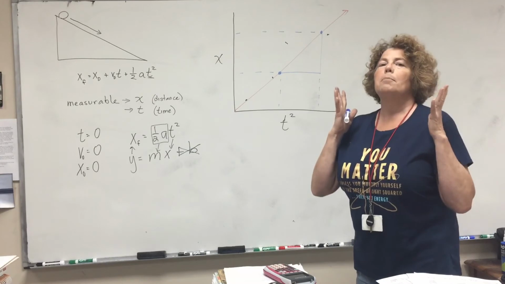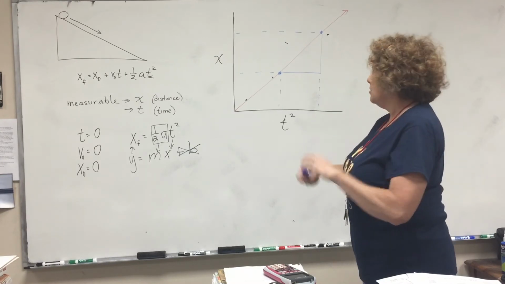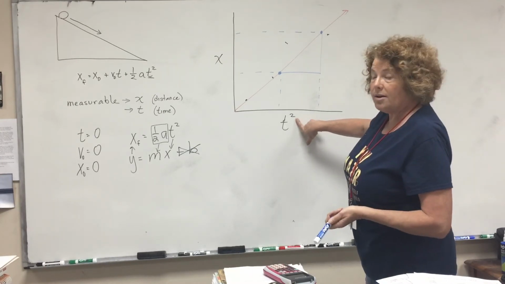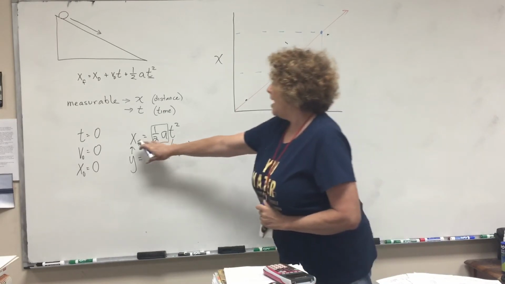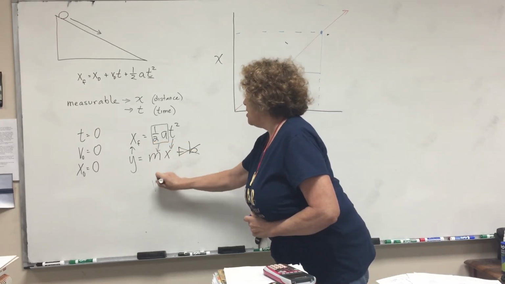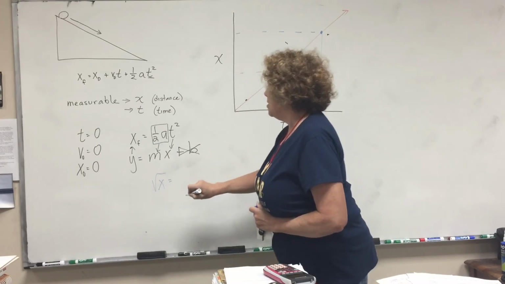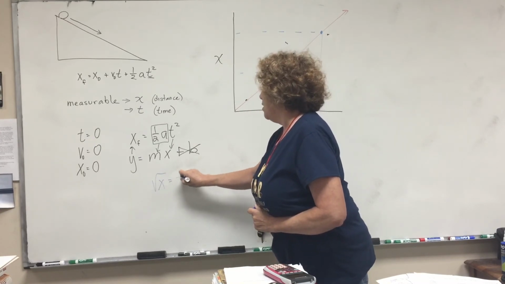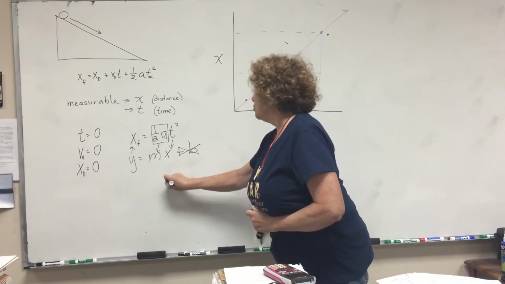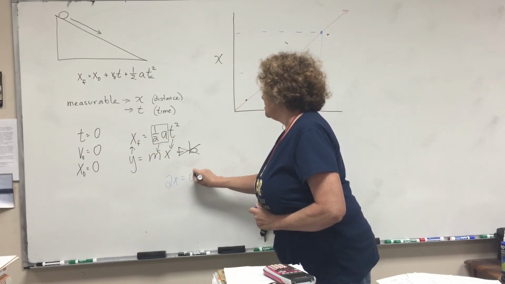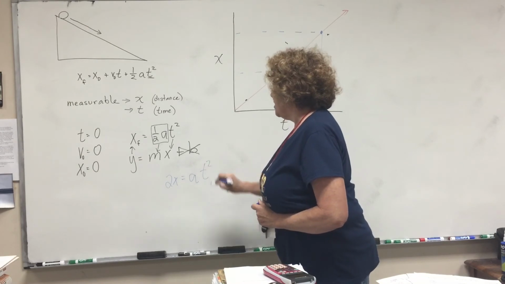Don't be frozen in the mindset that it has to be a single variable. It can be t squared. For example, I could have done this one differently. Instead of t squared, I could have rewritten this as 2x equals at squared.